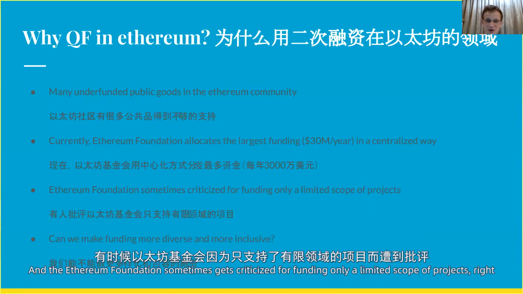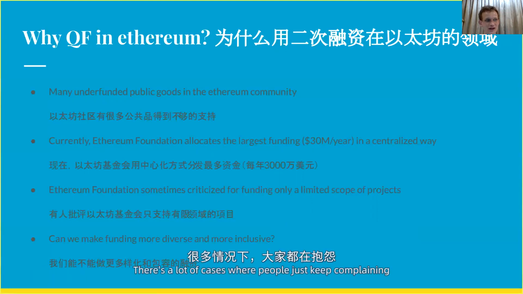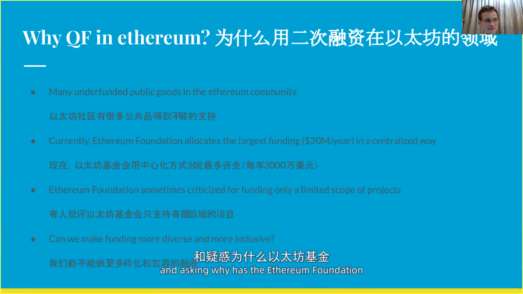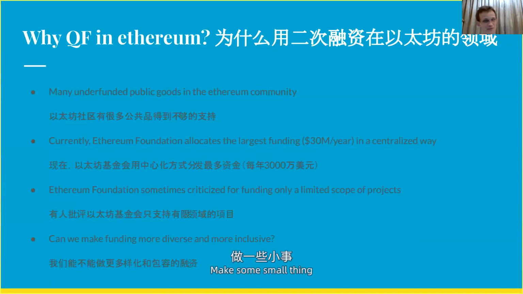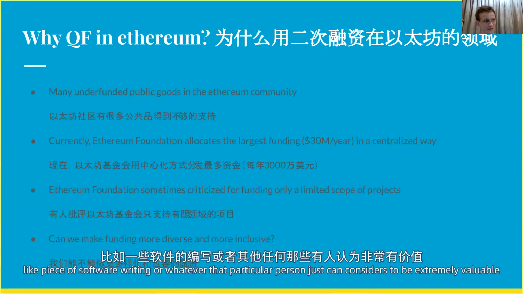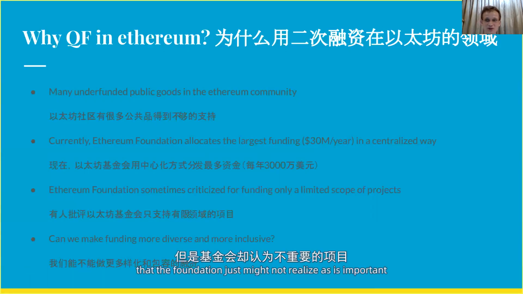And the Ethereum Foundation sometimes gets criticized for funding only a limited scope of projects, right? There are a lot of cases where people keep asking, wait, why has the Ethereum Foundation, which is willing to spend like $5 million on zero-knowledge proof research, not yet funded some small thing, like a piece of software writing or whatever that particular person considers to be extremely valuable, that the foundation might not realize is important?